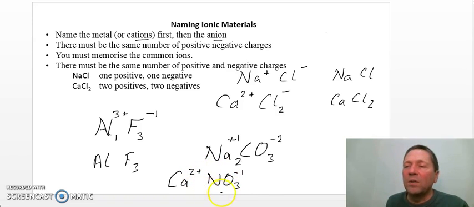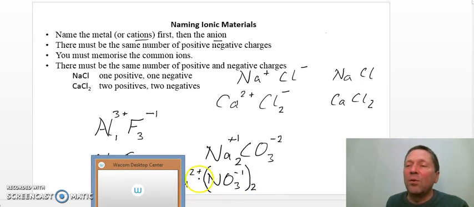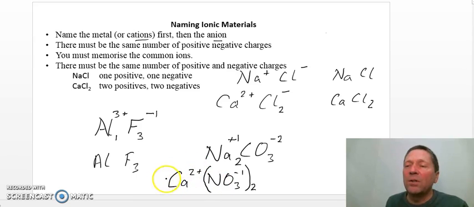We're going to need twice as many nitrates as calciums, but if we put a 2 here, we're going to have something that looks like 32, and that's no good. So we're going to put a bracket there. Now we can put the 2 there. So the formula for calcium nitrate is Ca(NO3)2.